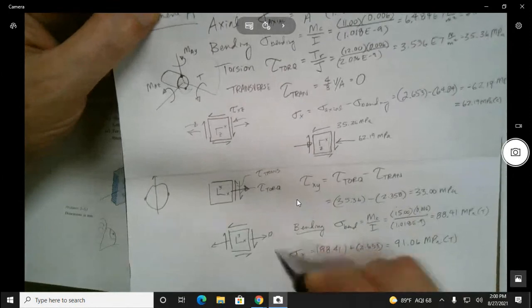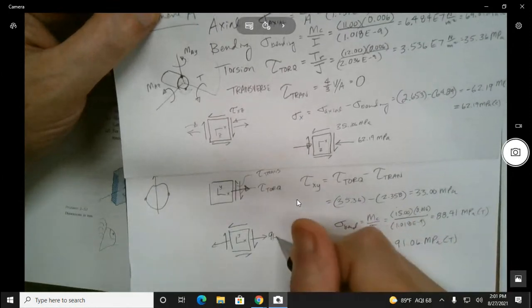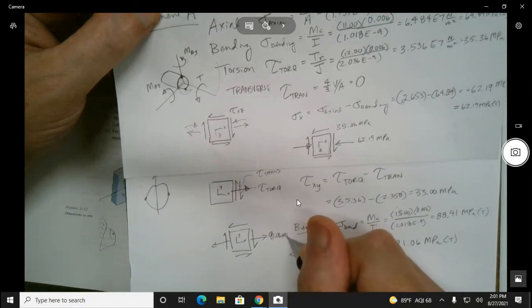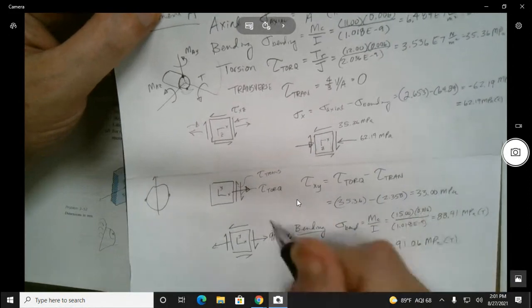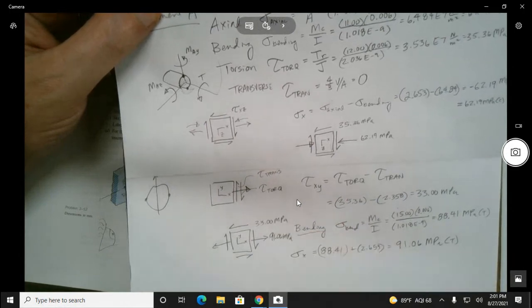So if we were to label this one, 91.06 megapascals and 33.00 megapascals. And we're almost done here.